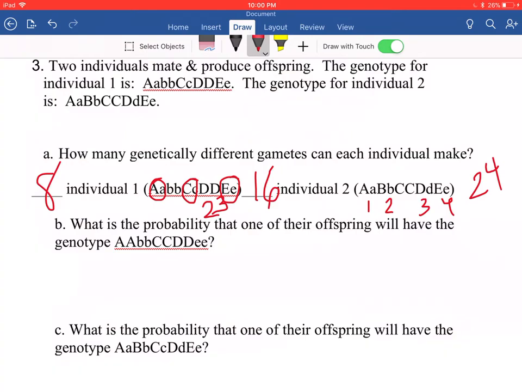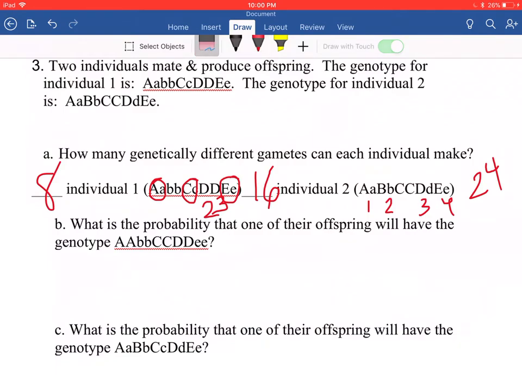Well, in order to approach this question, you have to understand a little bit of probability. Whenever you see a question that's looking at these chance events or this probability, the best way to approach it is to just break it down by what are the probabilities of each individual passing down a certain allele.